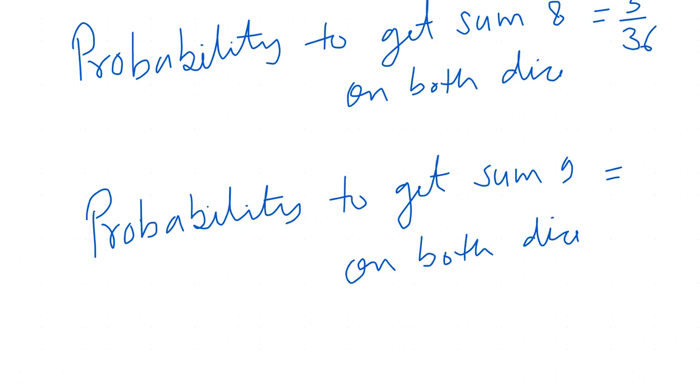We have these. It means 4 outcomes. And total we have 36. So we have 1 by 9.